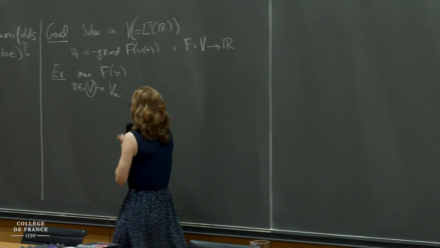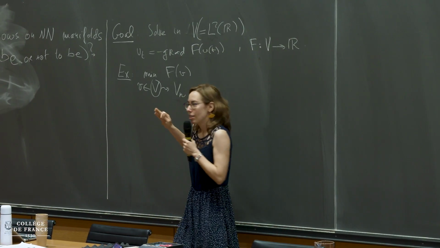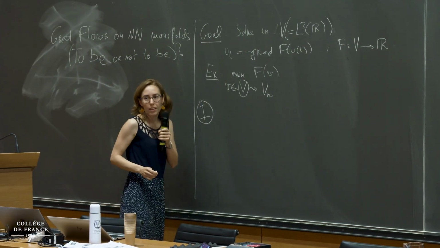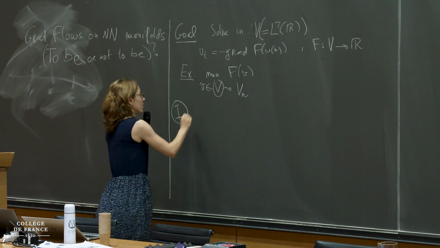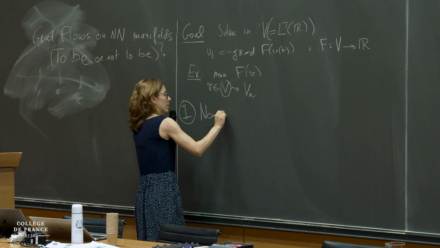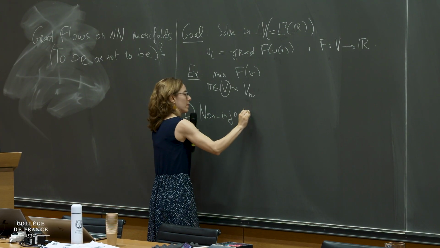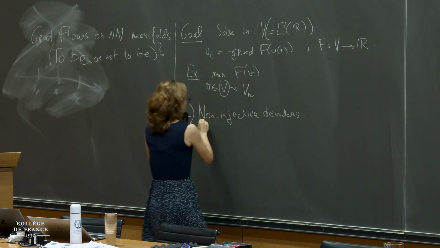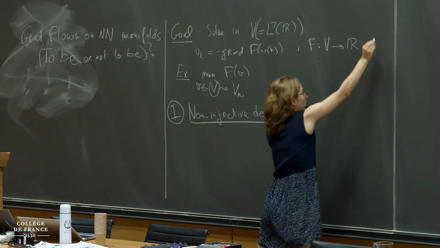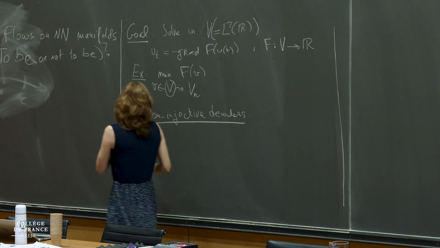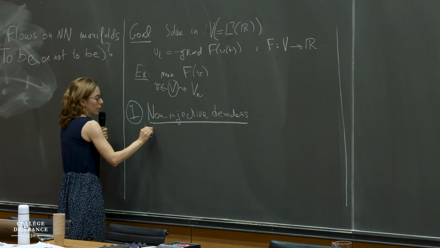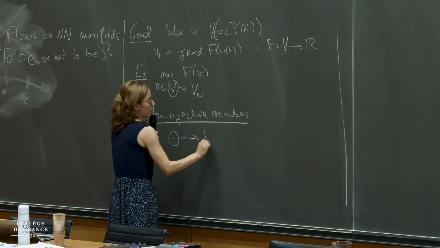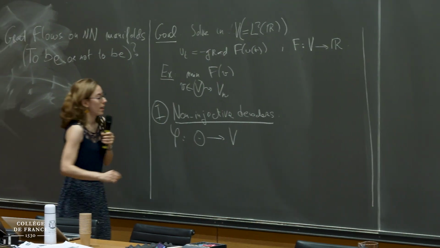And so I'm going to establish a certain language to speak about these neural networks, and I want to convey the idea that these are non-injective decoders. For me, a decoder is going to be a mapping phi from a parameter space theta to my ambient space V.